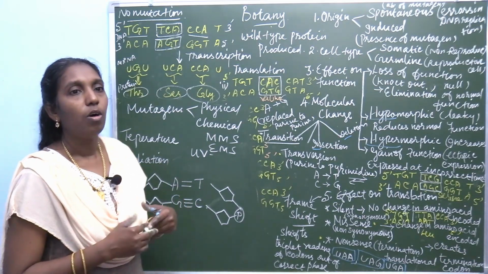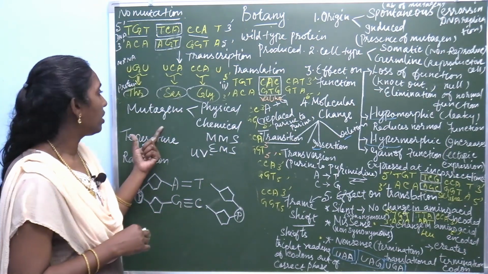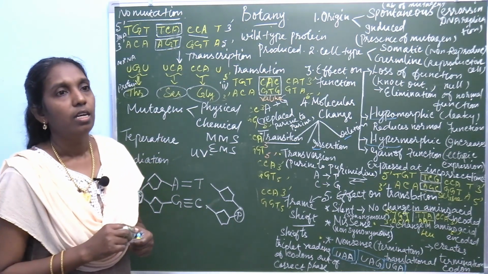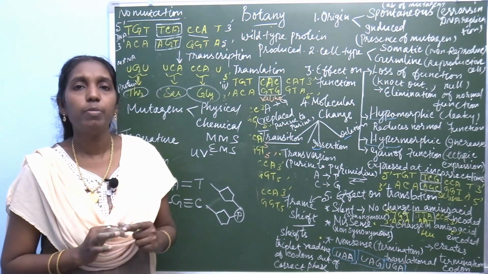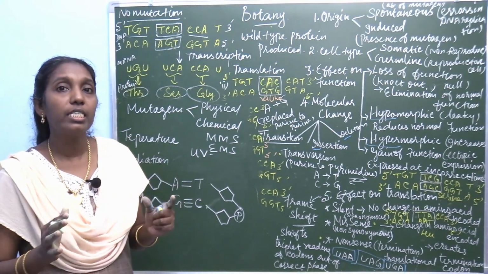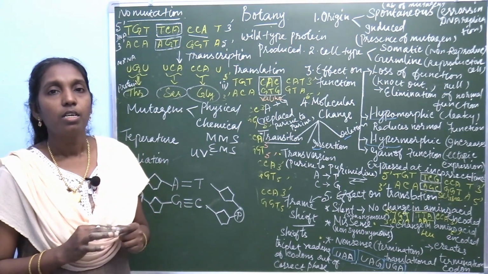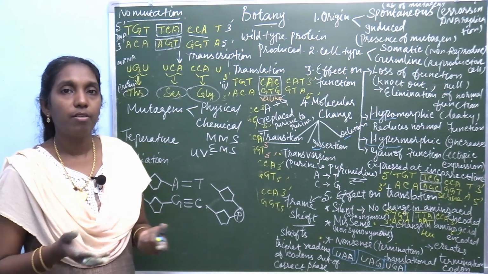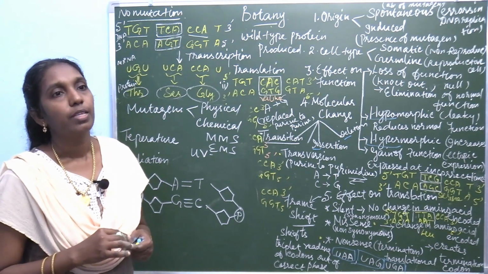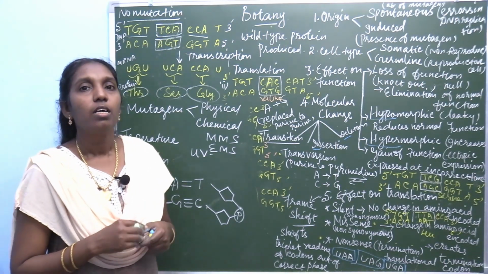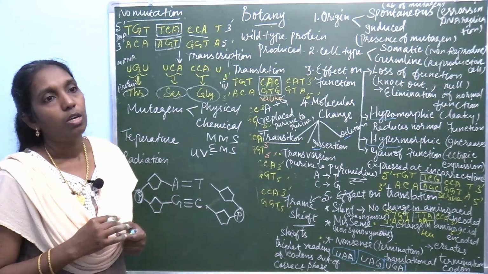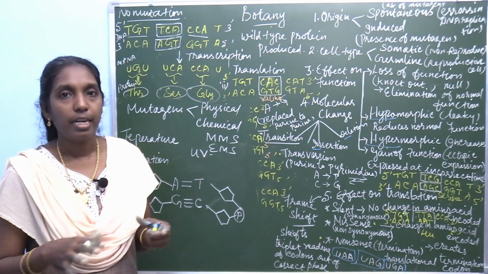There is an example of physical mutagenic agents in wheat: Charbadi Sonora, a mutant wheat variety developed from the Mexican variety of wheat by Dr. M.S. Swaminathan, who was called the father of the Indian Green Revolution.